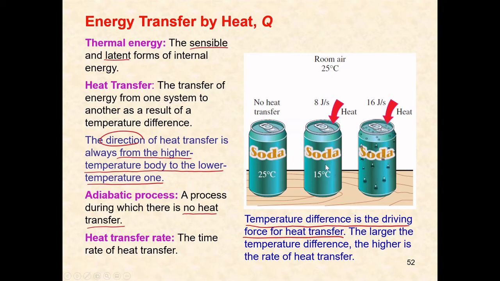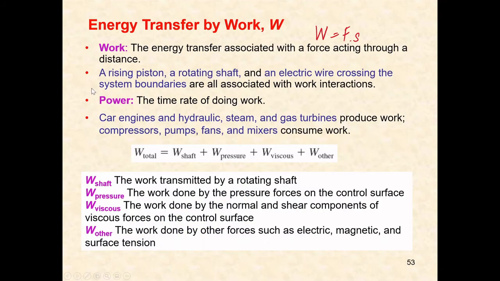When the soda can is 15 degrees Celsius and the room is 25 degrees Celsius, we have heat transfer into the can from the room. If the soda can is even colder, you will get even more heat transfer into the soda can. So the heat transfer is basically based on the difference of temperature.